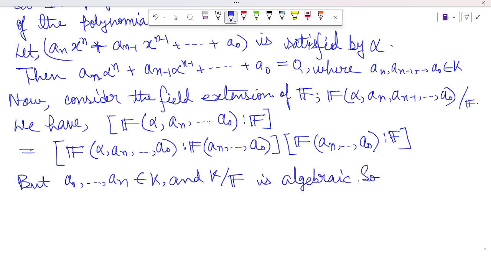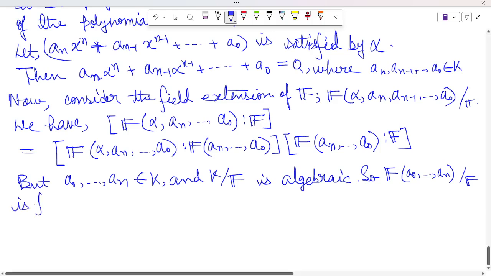So this extension is a finite extension. Why?